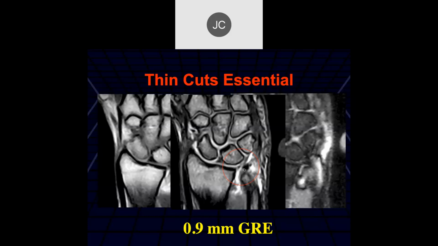And now at 1.5 and 3T, we can get thinner cuts with reasonable contrast. I still think we have trouble matching the old low field gradient echoes for the TFC, but we can certainly do a very good job even without arthrography now.